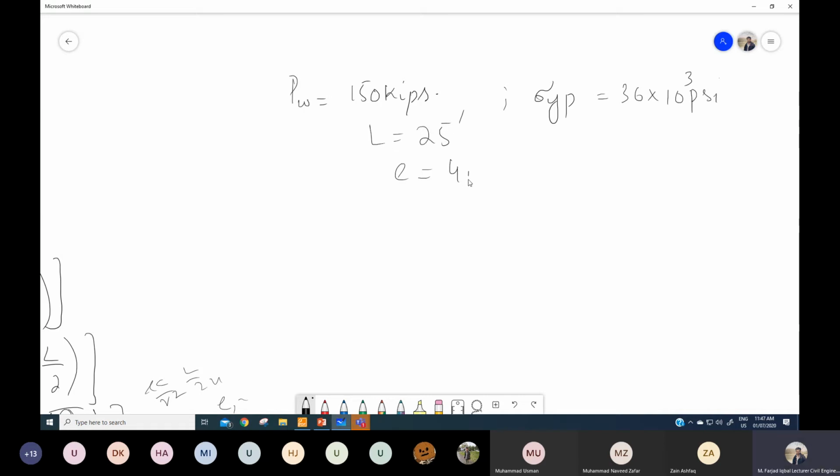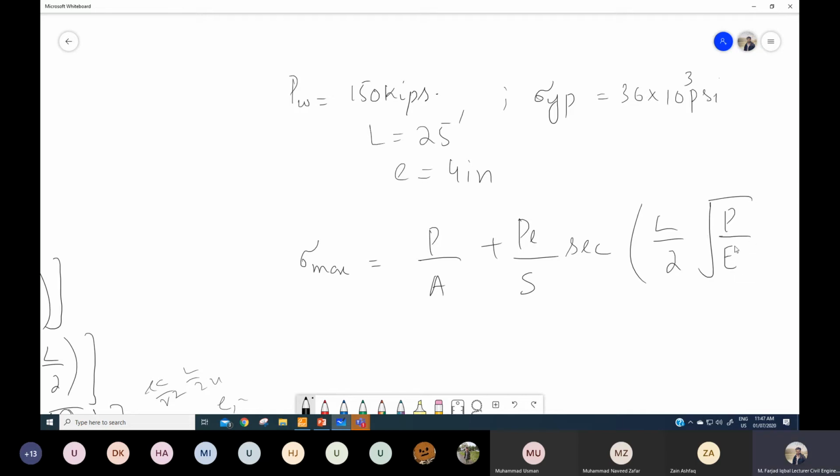E is given as 4 inch. And our formulation was for sigma maximum as P over A plus PE over S secant of L over 2 under root P over EI.